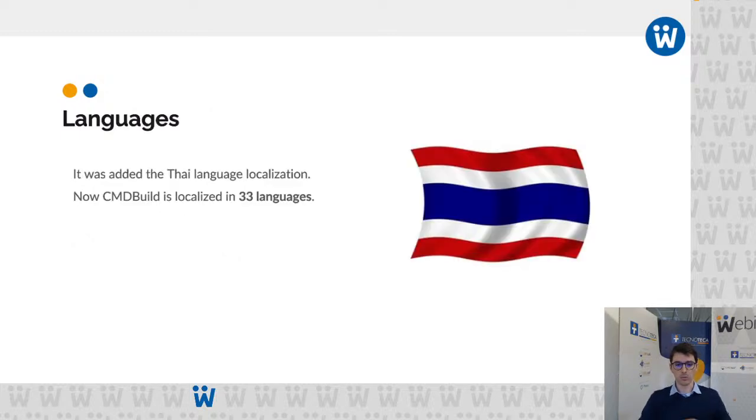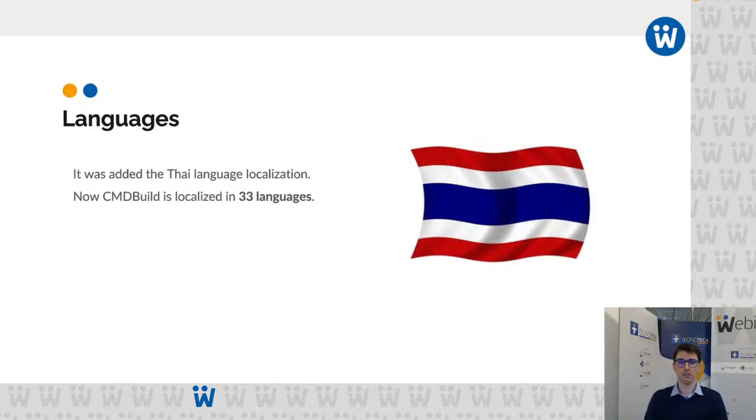And finally, we have added a new language. With this version, we have added the Thai language localization, and now CMDBuild is localized in 33 languages. The languages are not all managed by us.